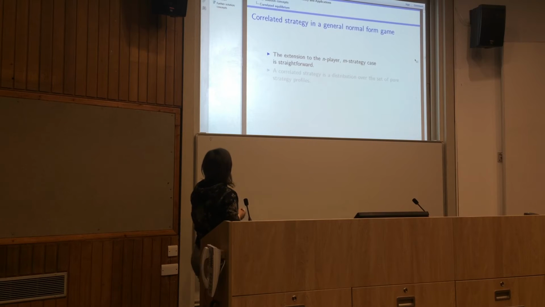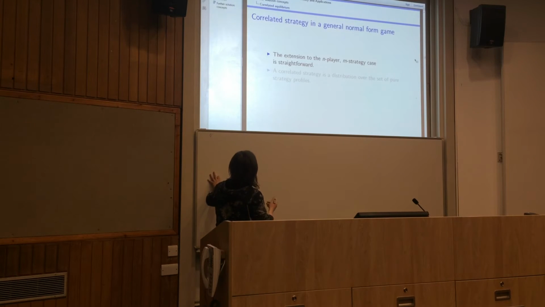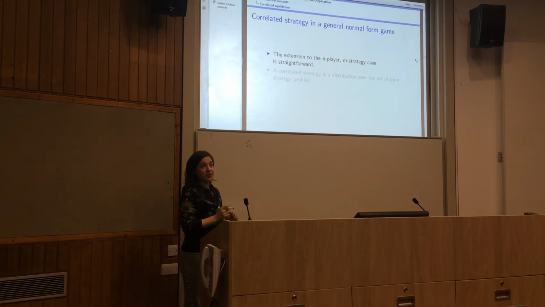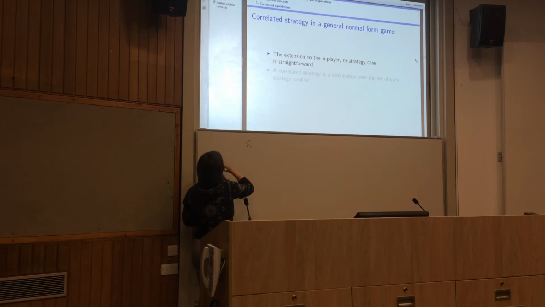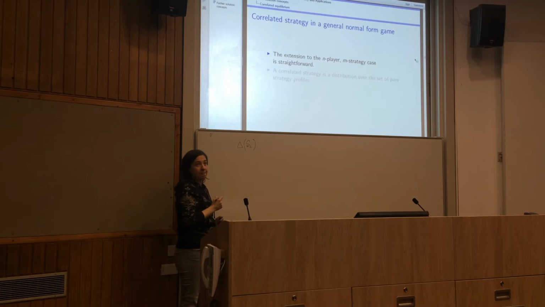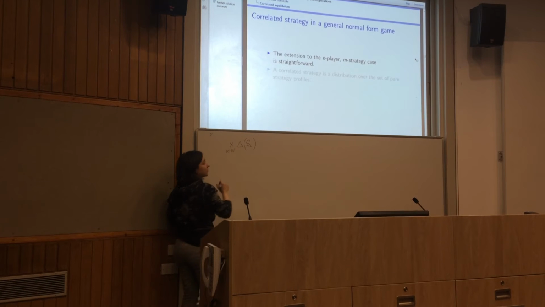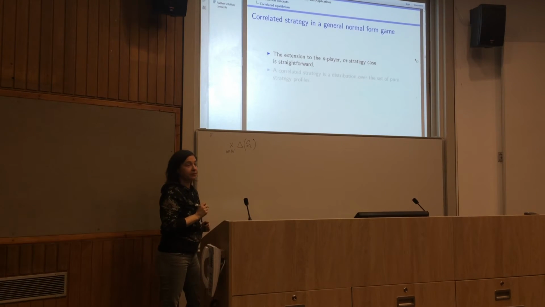Say we had the set of strategies, pure strategies, S_i for player i. And you remember that a mixed strategy was a probability distribution over that set. And the mixed strategy profile would be a combination of those mixed strategies for all the players.